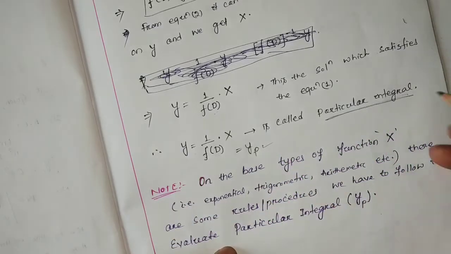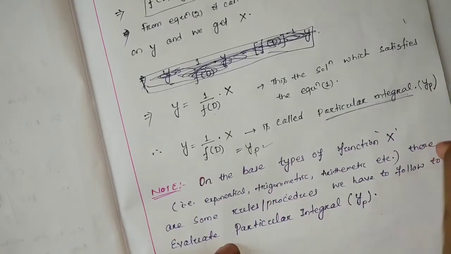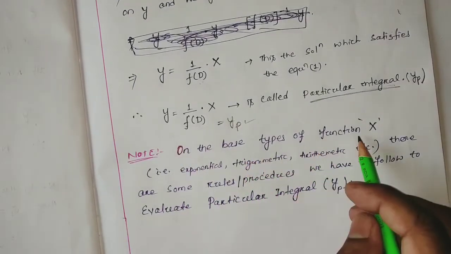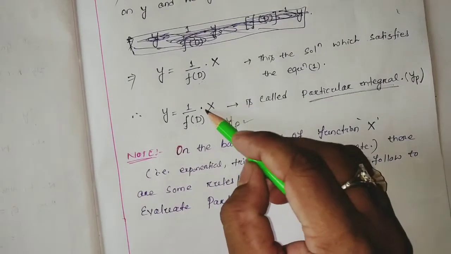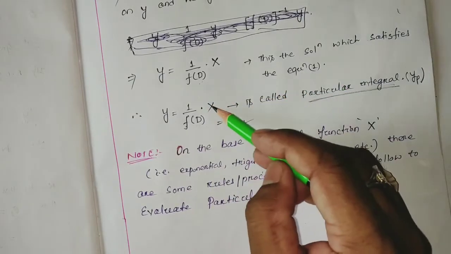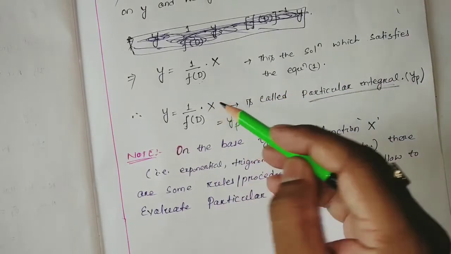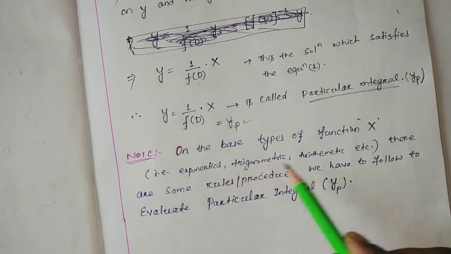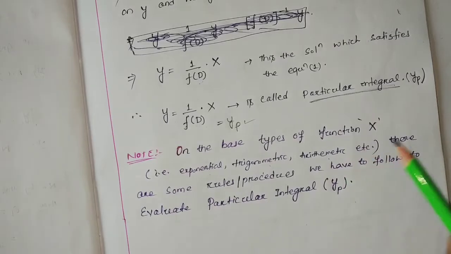On the basis of the type of function, here capital X is a function of x, but it can be anything: exponential, trigonometric, arithmetic, logarithmic, like this.